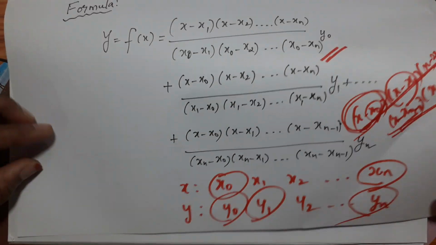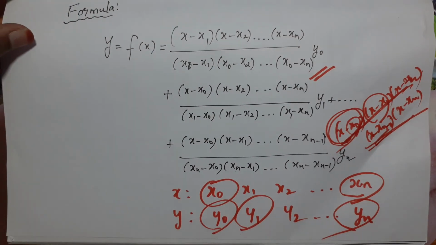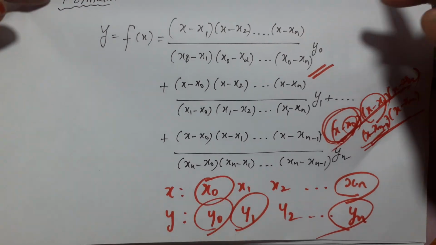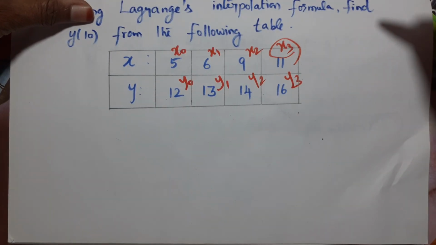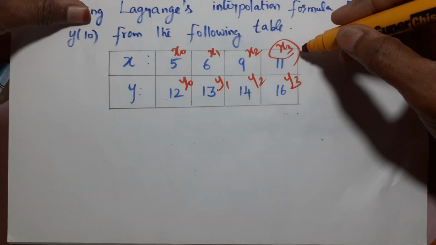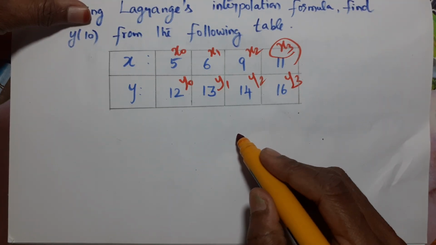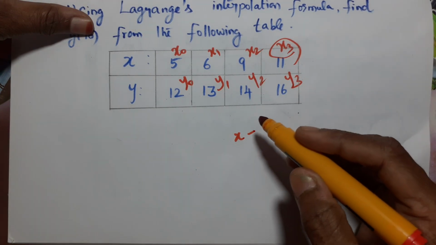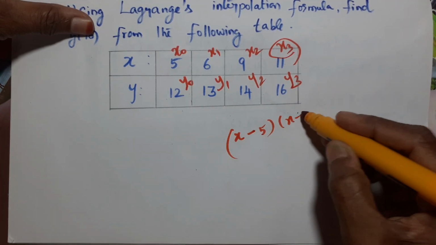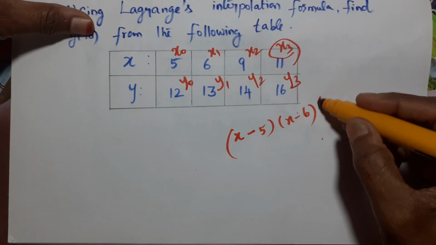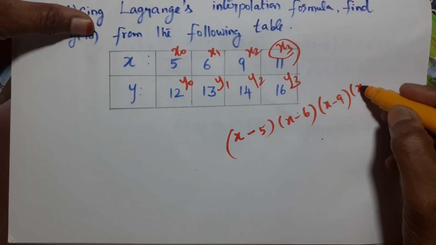What is the first term we have? See, here in the formula we have taken up to xn, that is the general term. But here n equal to 3, so up to the third term we have to take. Already what I said, you fix this factor x minus x0. Here x0 is 5, then x minus x1 is 6, x minus 9, and x minus 11.